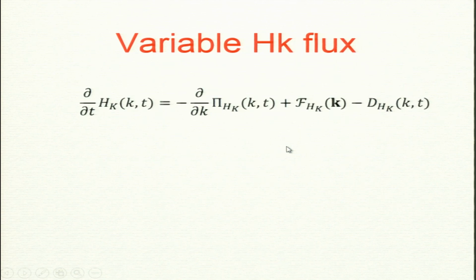Before we do that, I want to tell one more formula because I need that one. We can also define this variable, helicity flux. This is exactly like what we did for kinetic energy. We have this sphere, and from the sphere we derive an equation for the shell, this shell of radius k.